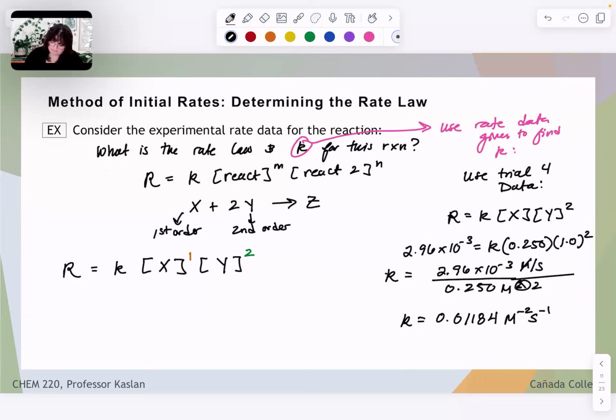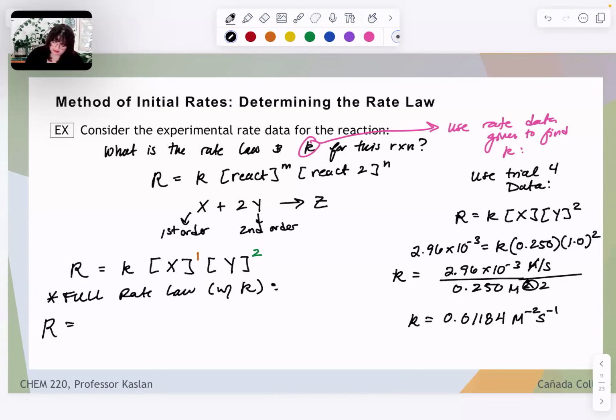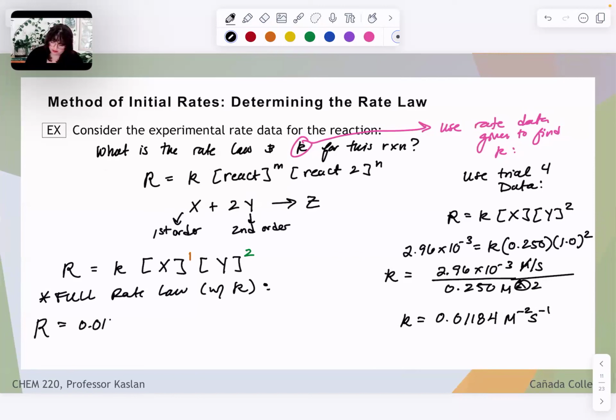So now my full rate law, which includes the value of k, says the rate of this reaction is equal to 0.01184 inverse molar squared, inverse seconds, times concentration X, times concentration Y squared.